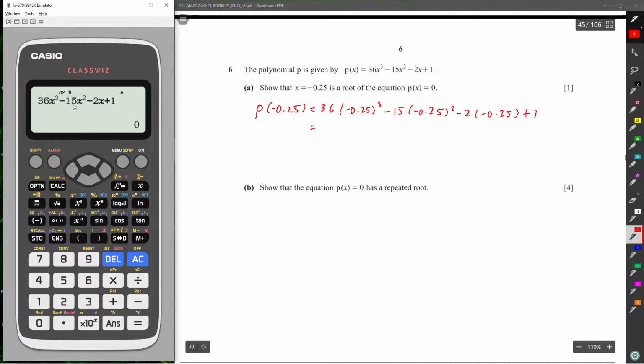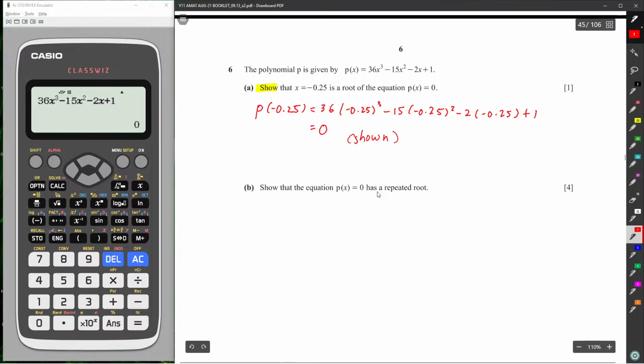We get to see that this will give us a result of 0. So since this question asks us to show, then we can put a "shown" here. Shown. Right? Okay, now let's proceed to the next part of this question.